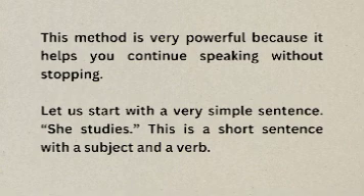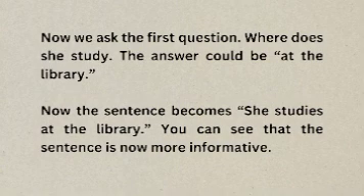Let us start with a very simple sentence. She studies. This is a short sentence with a subject and a verb. Now we ask the first question. Where does she study? The answer could be at the library. Now the sentence becomes, she studies at the library.